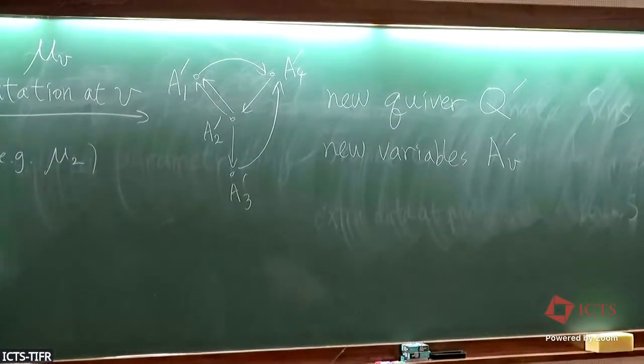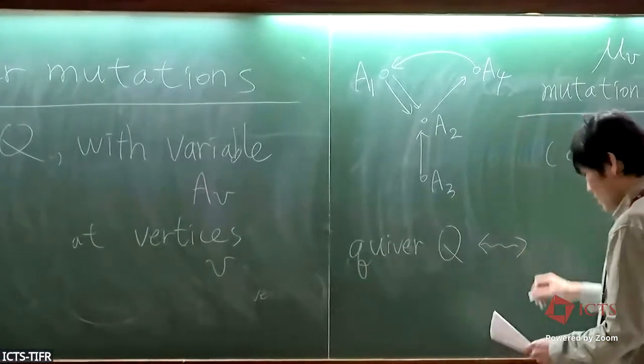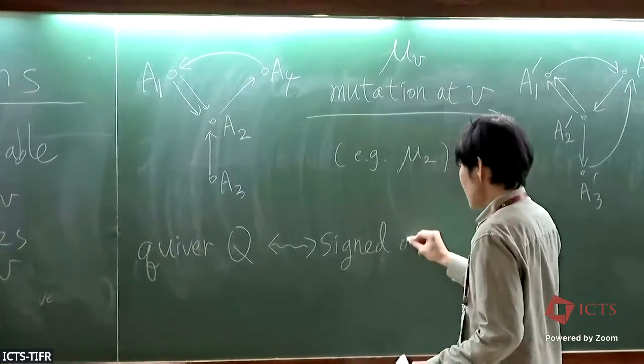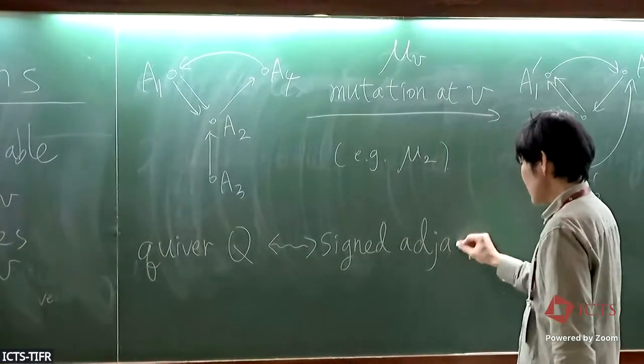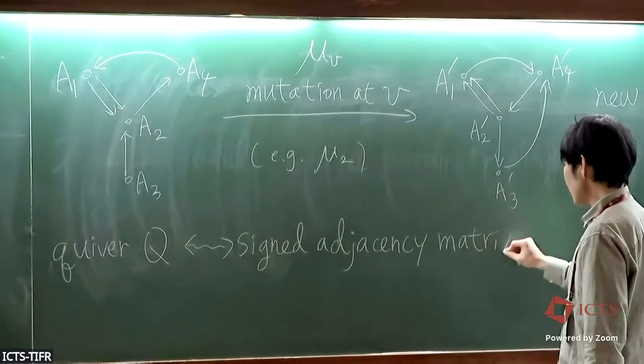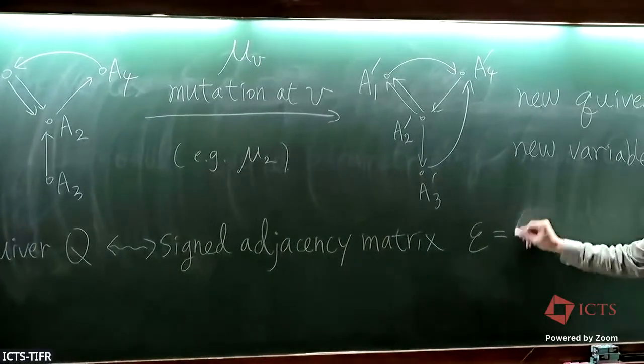And you do it with sign. So for quiver Q, I will read its signed adjacency matrix, which following Fock and Goncharov, I will call epsilon.